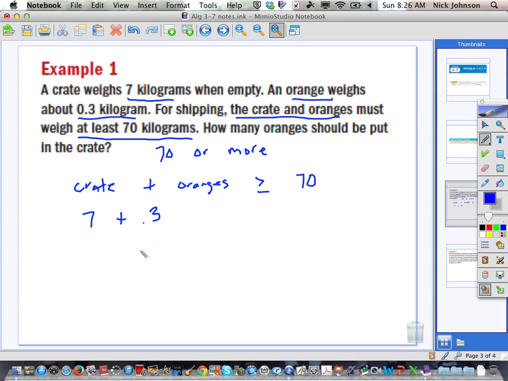Well, do we know how many oranges we're going to put in there? No. That's what we're trying to find, how many oranges. So I'm going to say 0.3 times O, because if it's 1 orange that goes in there, then it only weighs 0.3 plus the 7. If there's 2 oranges, 0.6 plus the 7. Has to be greater than or equal to 70.